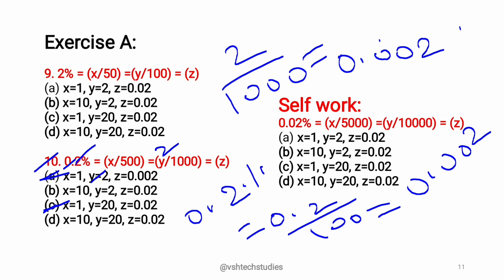Hence y equal to 2 is correct, y equal to 20 is not correct. So option C also has to be eliminated. B and D were eliminated earlier. So the remaining one, x equal to 1, y equal to 2, is correct. Hence option A is correct. For z equal to 0.002, we verified already; the evaluation comes out to be 0.002. So for the 10th problem, option A is correct.